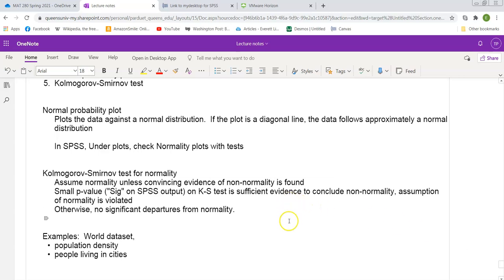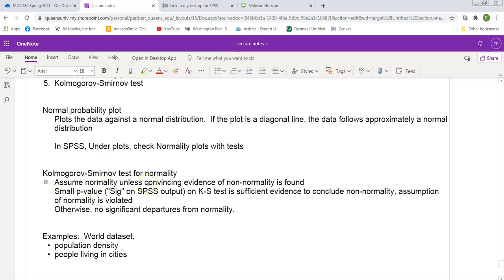We're going to review hypothesis testing next week, but I still want to go ahead and talk about this now. For this Kolmogorov-Smirnov test, we are going to assume that the data follows a normal distribution unless we find sufficient evidence that it does not.